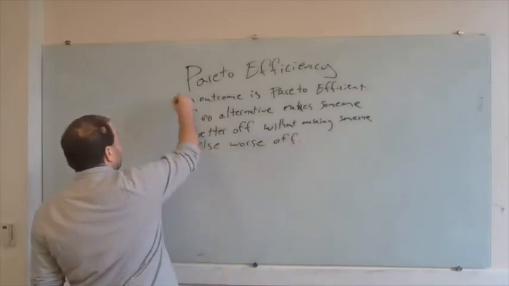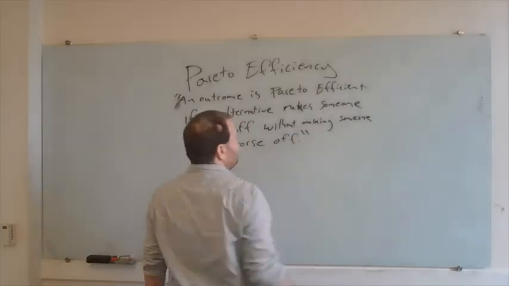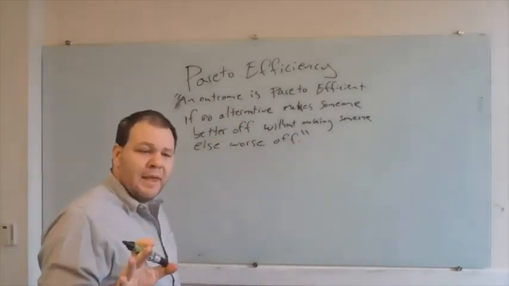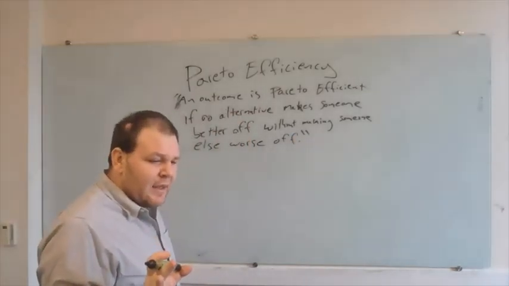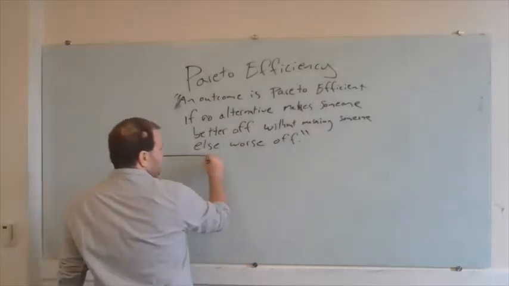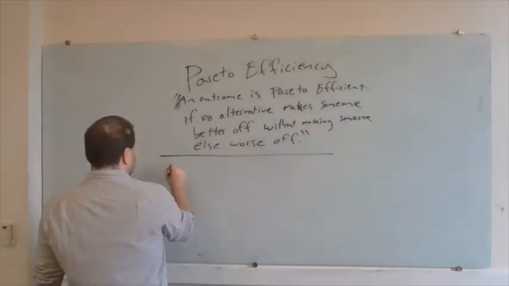And our first welfare theorem, which we're going to be talking about in this video, is essentially going to say that markets are Pareto efficient under three conditions.